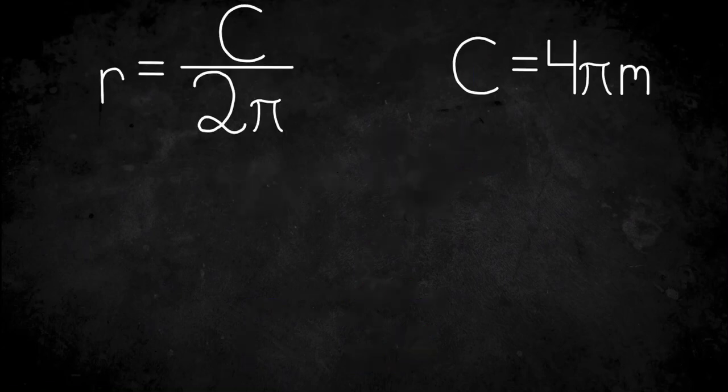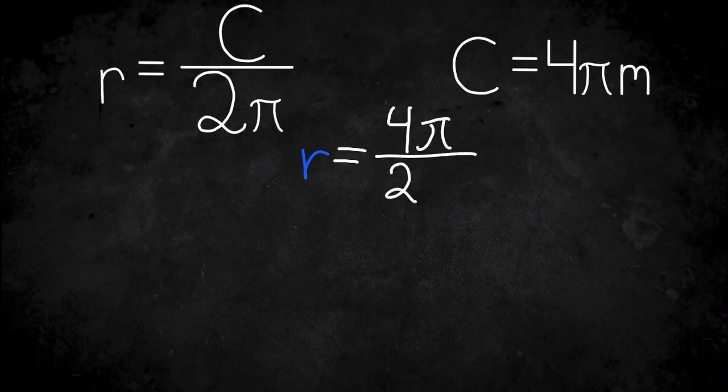So now that we know that the radius equals circumference over 2 pi, we can solve the problem, right? Let's replace the variable circumference with 4 pi. So we have radius equals 4 pi over 2 pi.